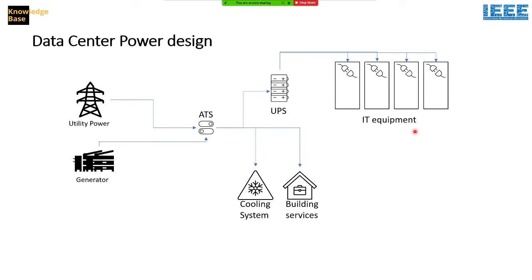So a UPS of more than 15 minutes in a data center is not required, not recommended. However, in some special applications, you still see UPS requirements of 1 hour or more in some designs, but very rarely. So the power from the utility will supply the UPS that supports the IT equipment and the other building services and the cooling system.